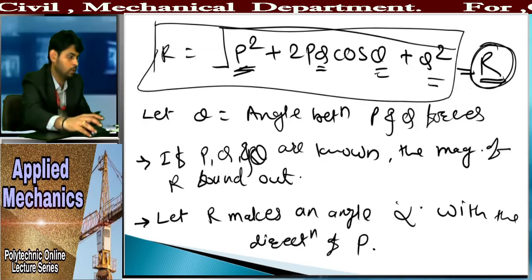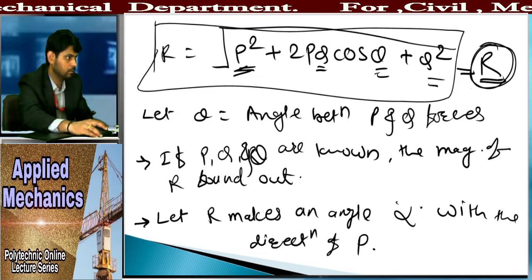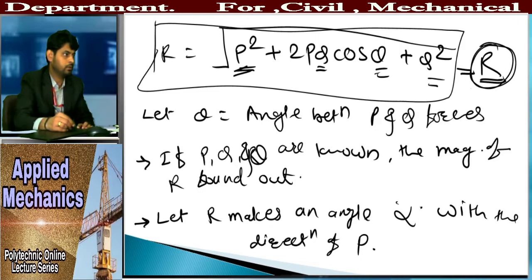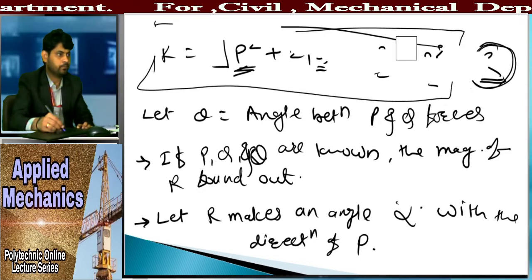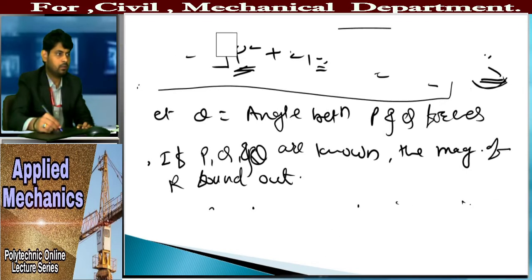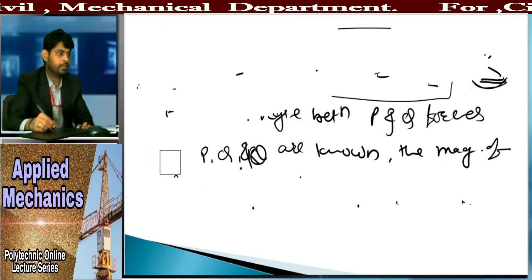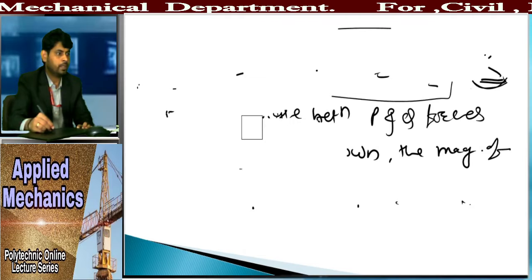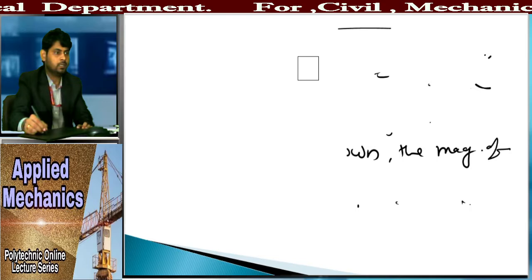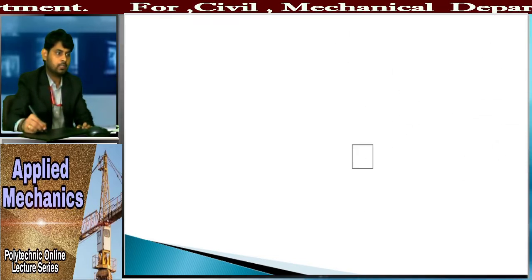After that we will get one new triangle, that is the right angle triangle ODC. In ODC, the angle is alpha and the hypotenuse is R, right?